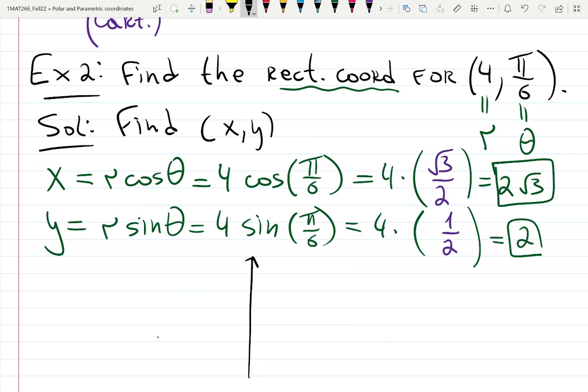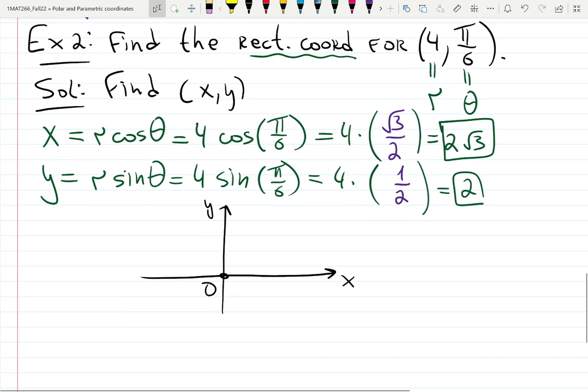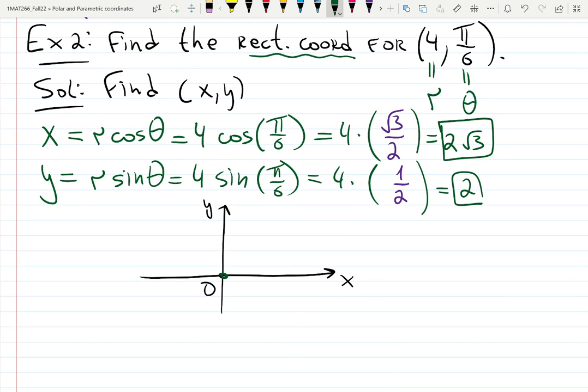So this one is easier. What we did was, we were not given x and y. Instead, we were given 4 units away from the pole, but there's too many of them, so I don't want to draw that first. And pi over 6 is the angle. That's one I know. Pi over 6 looks like this, well, that's pi over 4, looks like so.